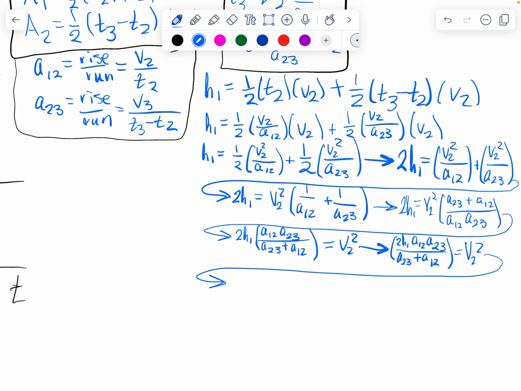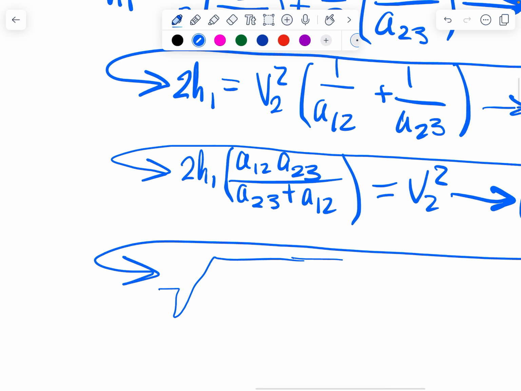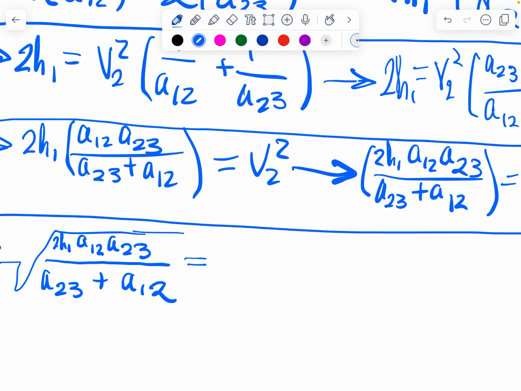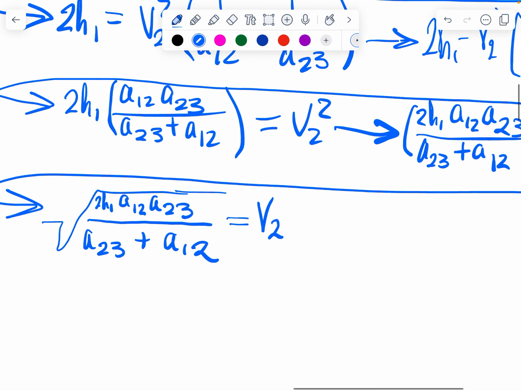So we get the square root of 2H1, A12, A23 over A23 plus A12. Now we equal that to V2, as V2 squared is no longer V2 squared, it's now V2 because we square rooted it.